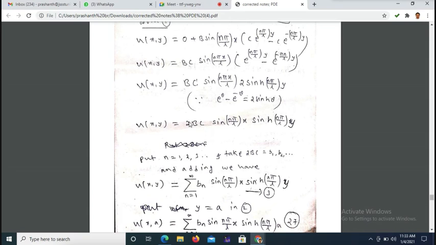BC can be taken as constants because B is constant, C is constant, 2 is also constant. So let it be some constant like B1, B2, etc. You keep on taking B1, B2 and adding, you will get Bn. N values may be 1, 2, 3, you'll get B1, B2. Instead of 2 BC, I can substitute Bn. Sin n pi by L into x, sinh n pi by L into y there as it is.